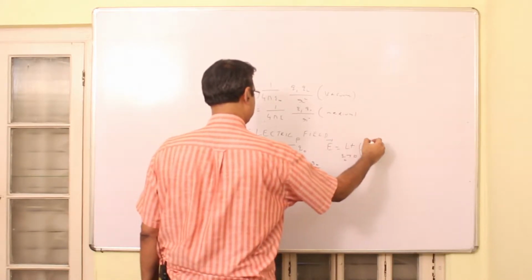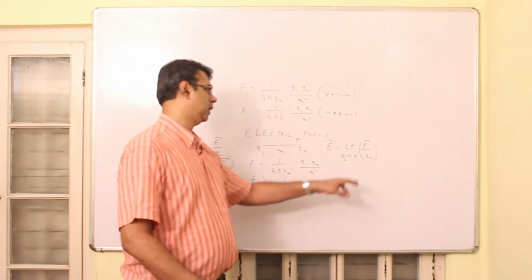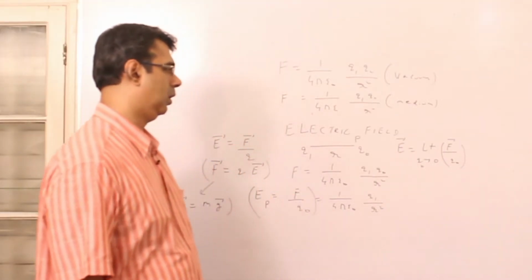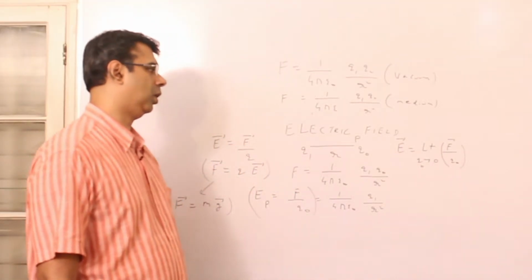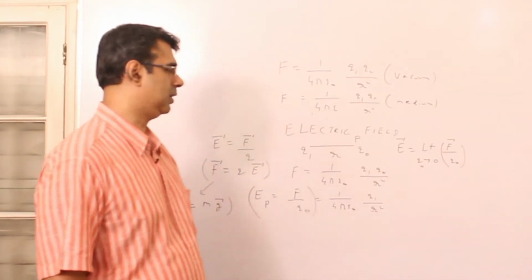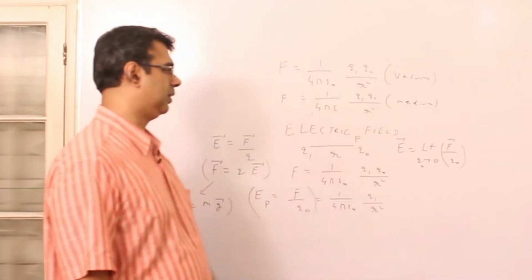the electric field is equal to the limit of force per unit test charge when the test charge is of extremely small magnitude, or you may say it is the limit of F by Q naught as Q naught tends to 0. So this in fact is the perfect definition of electric field.